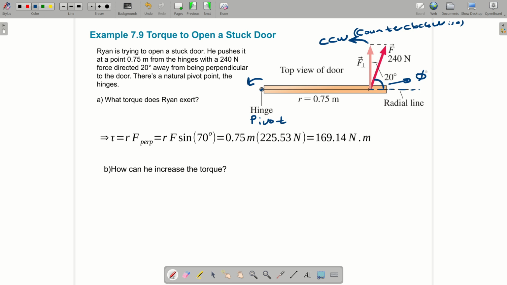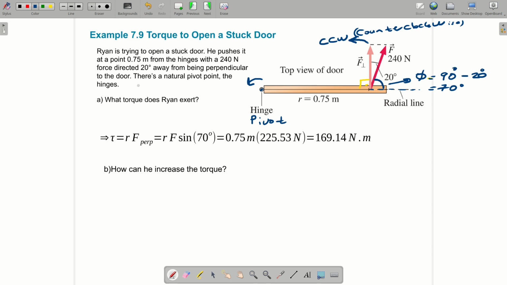And it's clear that this angle is 90 degrees, right? I'm going to draw it on this side to avoid too much clutter, but 90 degrees. So phi is equal to 90 minus 20, 70 degrees, because I will need it for my torque.